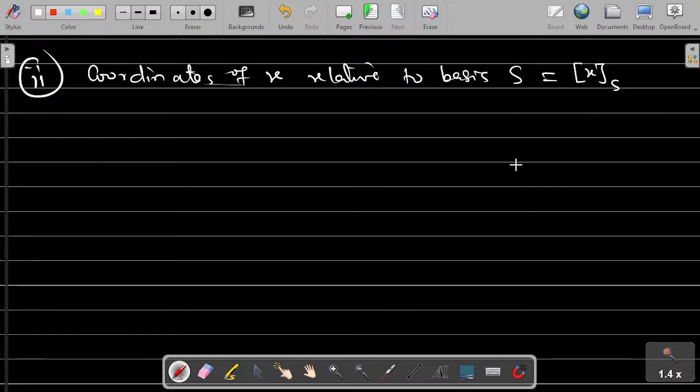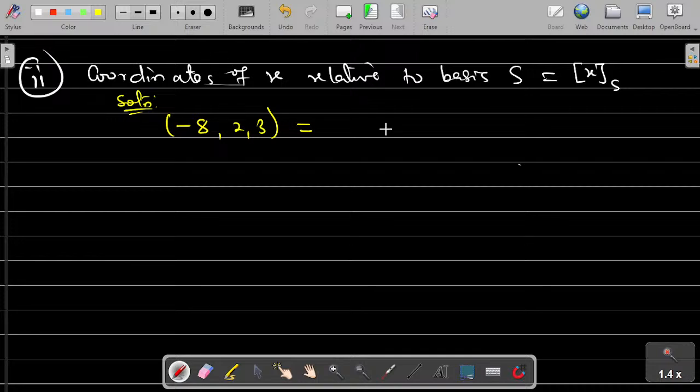Okay, so to find that, what are you expected to do? To get the coordinates of that is simply, let me give you the simple interpretation before we go into the solving. So what that is saying is, can you express, or let me put it as a row vector, your x is minus 8, 2 and 3. Can you express this as a linear combination of basis S?